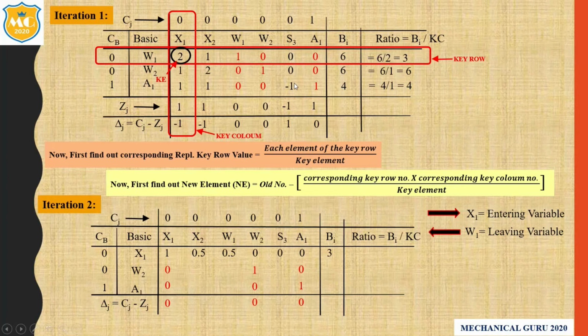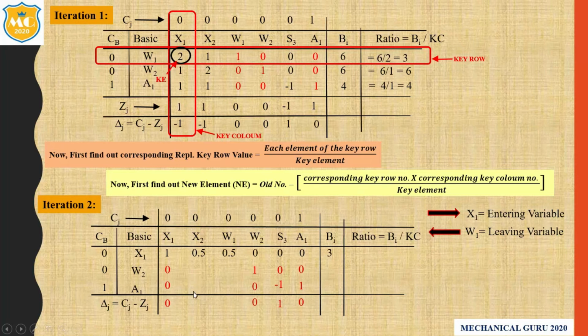So 0, 0, minus 1 and 1, just copy and paste here. Clear? So now here we only have to find out the 8 values. Okay, these 2, 2, 2 and these 2 values. So for the remaining values we have to use this equation. Okay, so let's see how to find out.